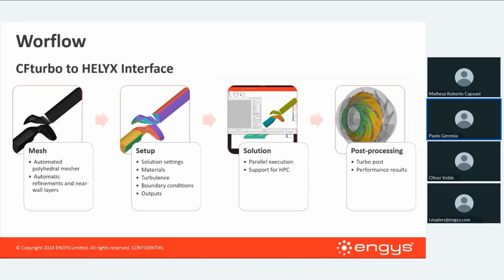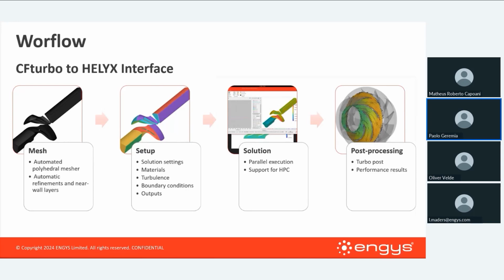The next step, once we have a full CFD model in place, ready to go, is to run the segregated solver available in Helix. We can run this in parallel on the workstation that you have available, or it is also possible to run this in an HPC facility. For example, if you have your own cluster, or a remote cluster, or if you want to access cloud resources, it's possible to fully exploit the open source nature of Helix by running in parallel at no extra license cost.